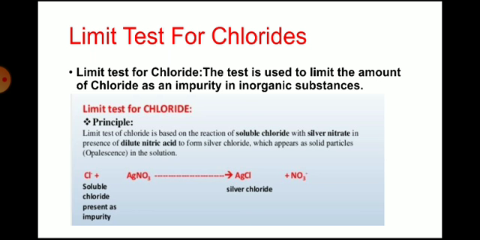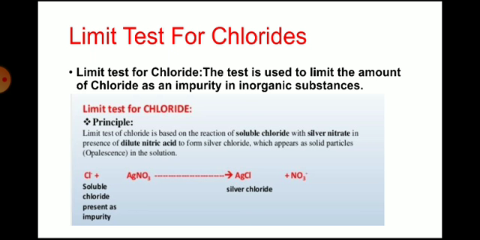First we discuss the limit test for chloride. The limit test for chloride limits the amount of chloride as impurity in inorganic substances. As we see in the reaction, the chloride reacts with silver nitrate to form silver chloride.